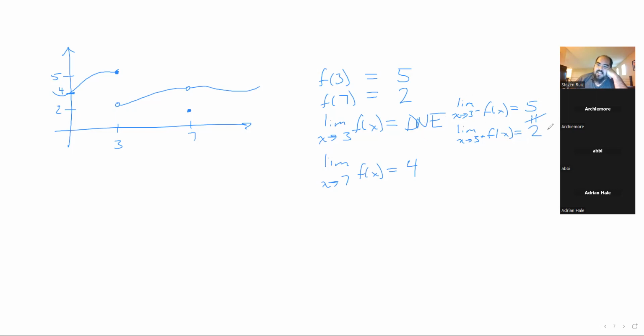Does that sound familiar? Yeah, that's one of the continuity rules. So continuity relies on a couple things. So I'll say f is continuous at a if the limit as x approaches a of f of x is equal to f of a.